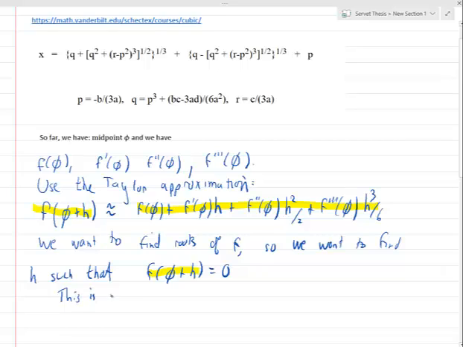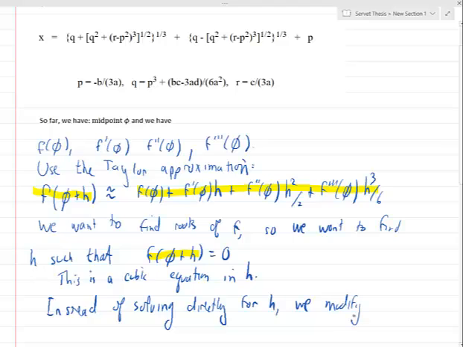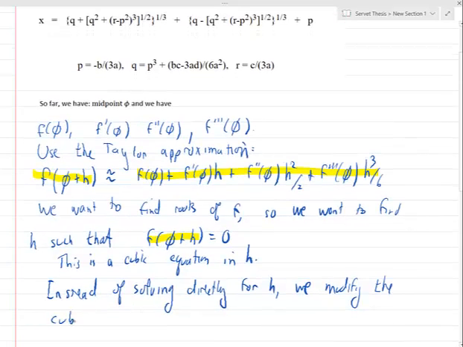In fact, that's the cubic equation that we have. But instead of solving the equation directly for h, we modify the equation and solve for 1 over h, which is going to be the largest root.